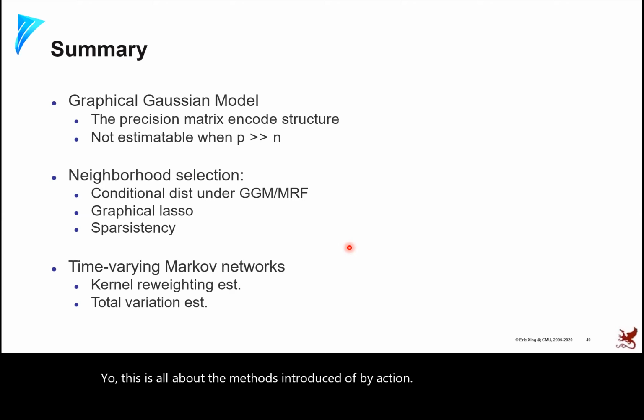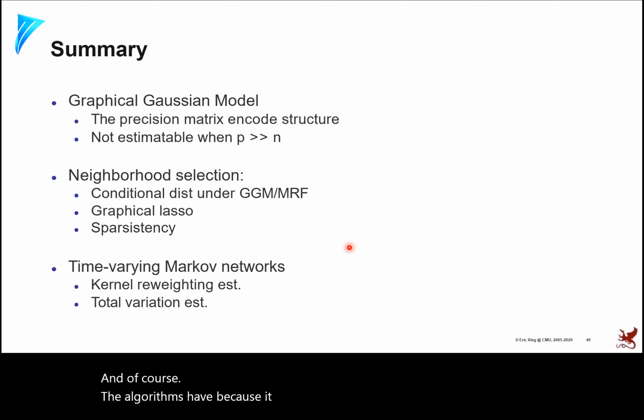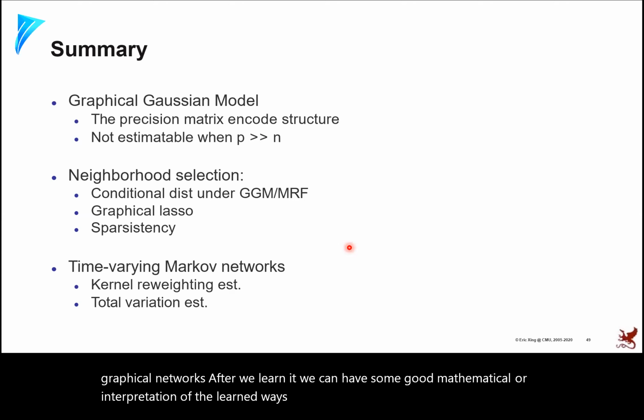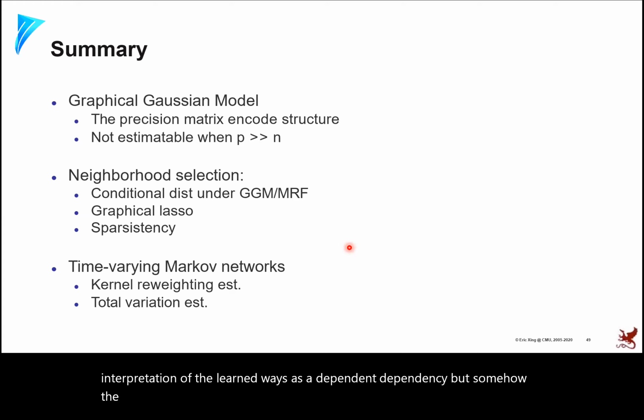Of course, because such algorithms are based on Markov networks, after we learn the graphical network, we can have a good mathematical interpretation of the learned weights as dependencies. But the simple algorithm might not work for more complex data, where the input data cannot be modeled as a distribution.